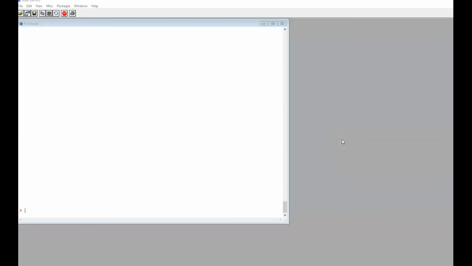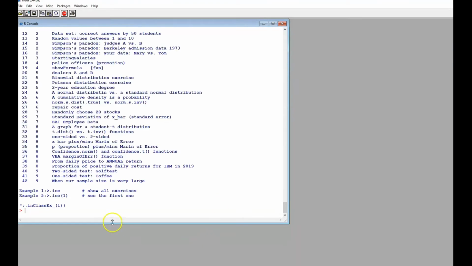Next, let's conduct a hypothesis test for a two-sided test. Type dot ICE in class exercise. This is the two-sided test, golf test.